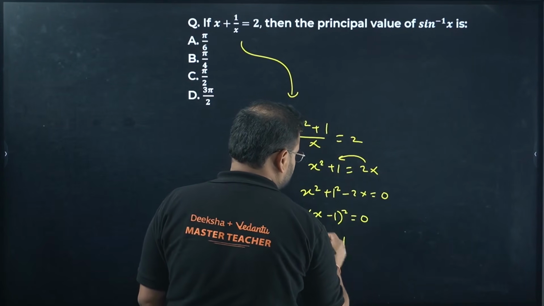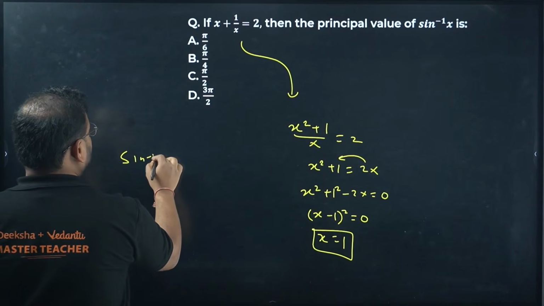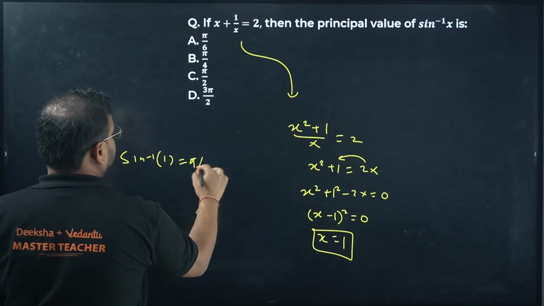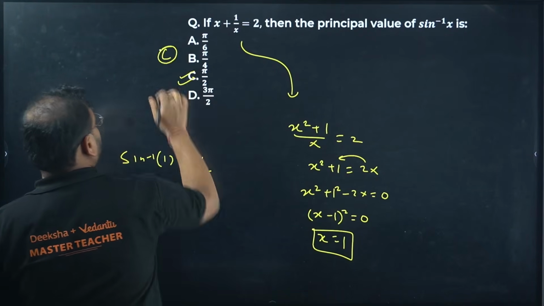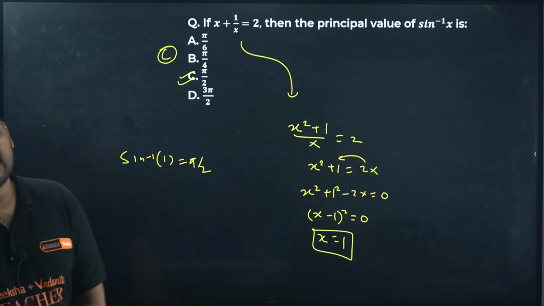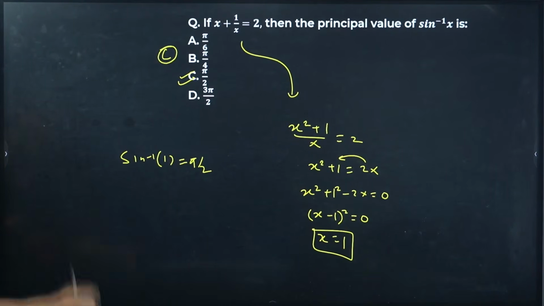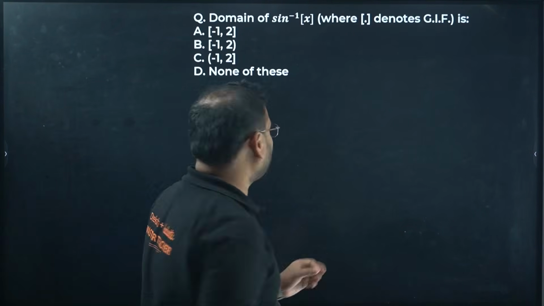X value is 1. Sine inverse of 1 will be pi by 2. Why not 3 pi by 2? It is not negative. Sine 3 pi by 2 is minus 1, not plus 1. Answer is C.